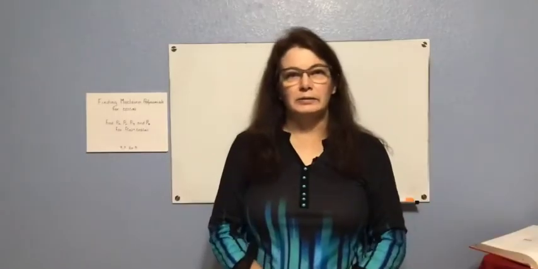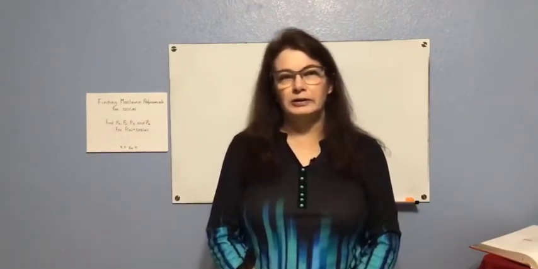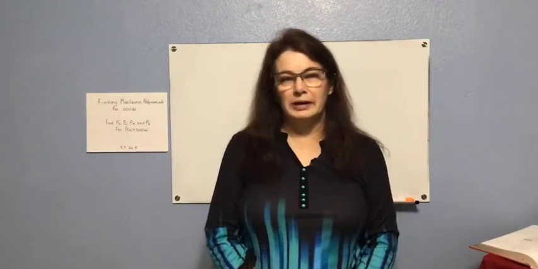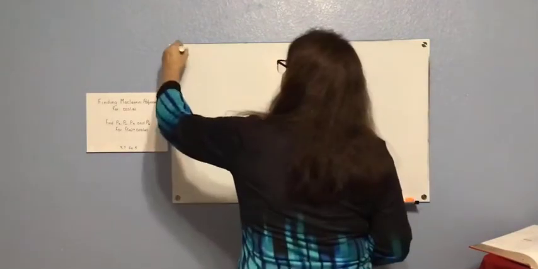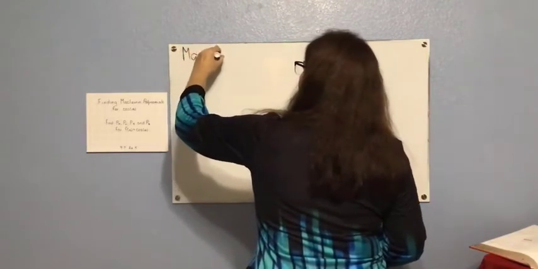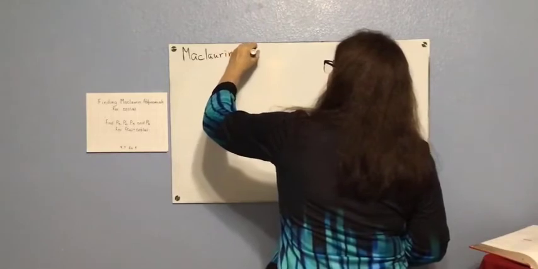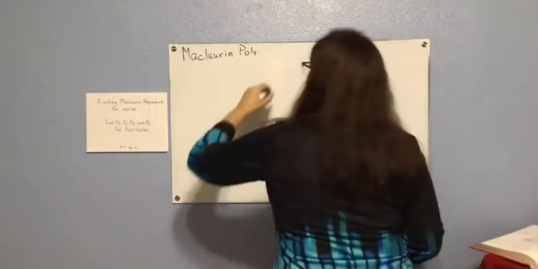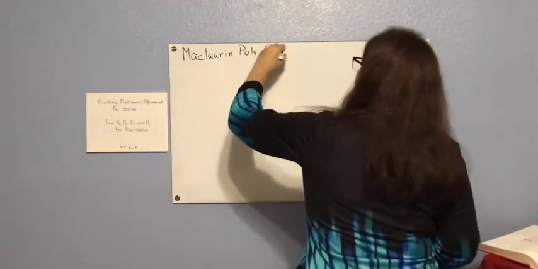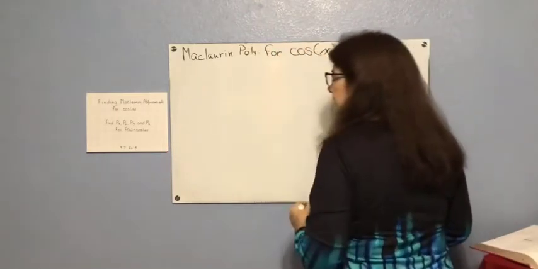In the next two examples, we'll be looking at finding polynomial functions that represent trigonometric functions. So we want to find a Maclaurin polynomial for cosine of x.